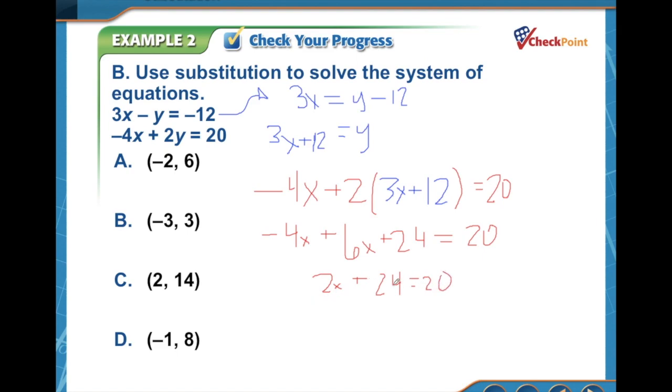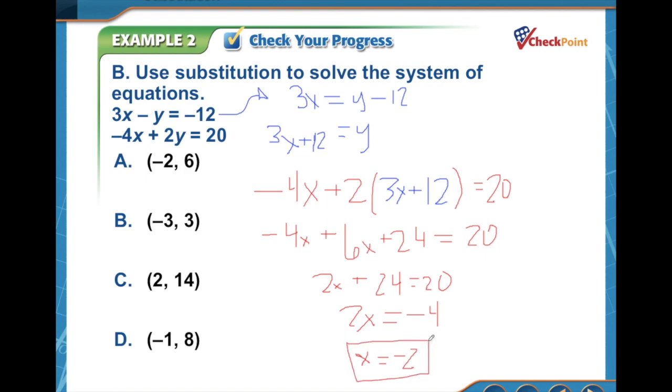We'll subtract away 24 on both sides because we don't need this term over here. We want to get the x alone eventually. So let's subtract 24 from both sides, and we'll get 2x is equal to negative 4, and you can type that in a calculator if you don't believe me. And now to get x by itself, divide both sides by 2. So in other words, cut everything in half. So x equals negative 2.